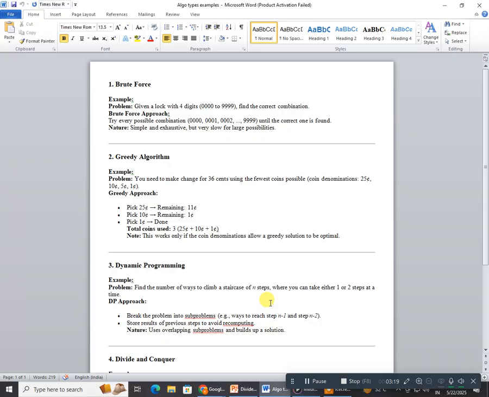First of all, we have in front of us 25 cents, so the greedy approach will pick the 25 cent coin. Out of that 36 cents, only 11 cents is remaining. So now we take 10 cents. Now 1 cent is remaining, and for that we take the 1 cent coin.